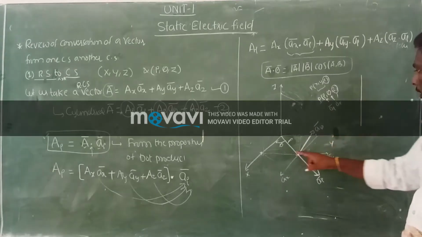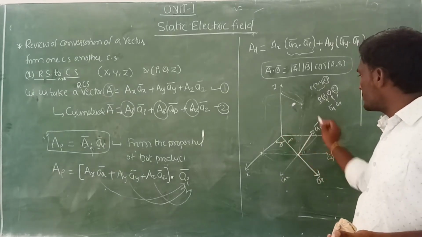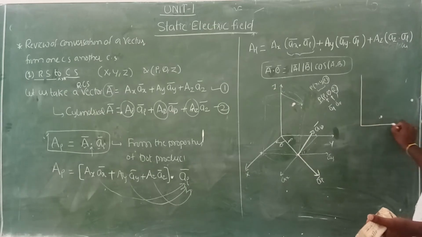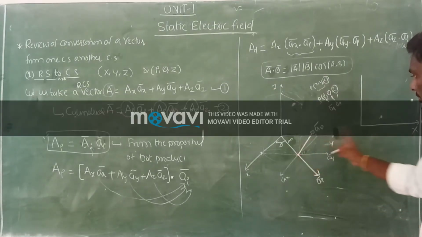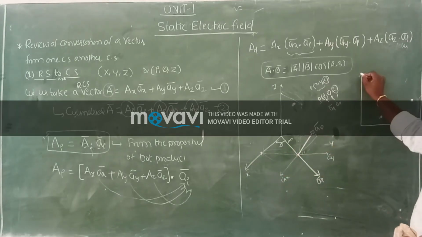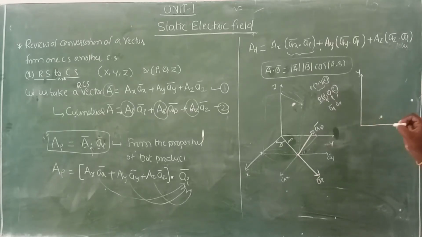See, in this diagram I consider my x axis, y axis, z axis in the anti-clockwise direction like this. But for simple understanding purposes, I am changing the axes. Here I am considering the x axis here and the y axis here, and my z axis is in this direction. Why? Because the three axes are mutually perpendicular to each other.